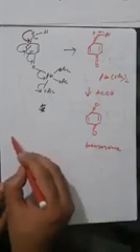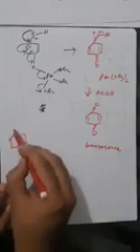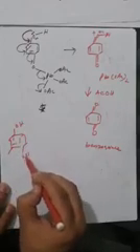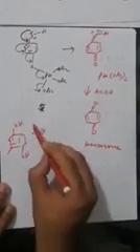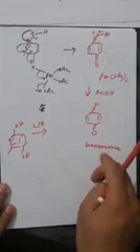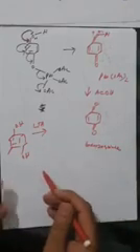What was our starting molecule? The starting molecule was the hydroquinone. So hydroquinone, upon reaction with lead tetraacetate, undergoes oxidation and changes into benzoquinone. I have explained the mechanism.